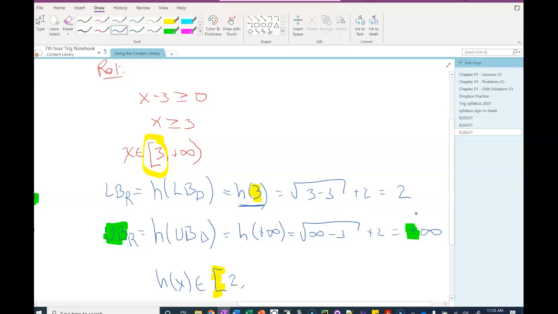Joe? So when you're looking for the upper and lower bounds, does what you're looking for depend on if the graph is increasing or decreasing? So the way you find the upper or lower bound changes depending on whether it's increasing or decreasing. Like in this case, if it was decreasing, would that positive infinity be a negative infinity? If it was decreasing, instead of doing h of the lower bound, I would do h of the upper bound, and then I would get infinity for my lower bound, right?